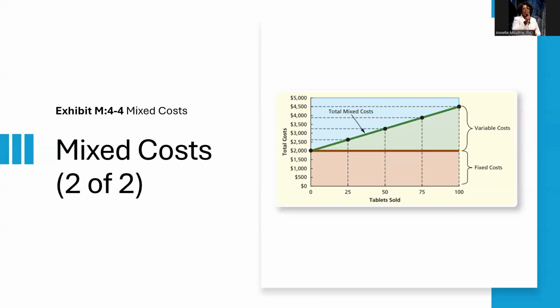The horizontal line extends from 0, 100 to 500, 100, representing fixed costs. The rectangular region below the horizontal line represents fixed costs, while the triangular region above it represents variable costs.